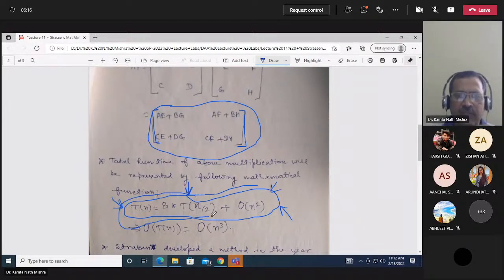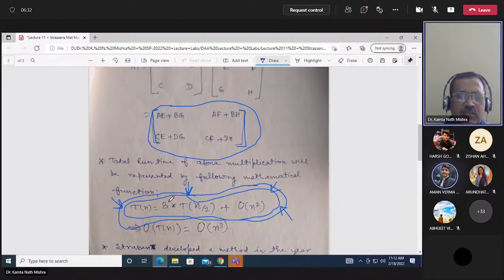Okay, sir. Read this equation. T(n) is equal to 8 into T(n/2) plus big O of n square.